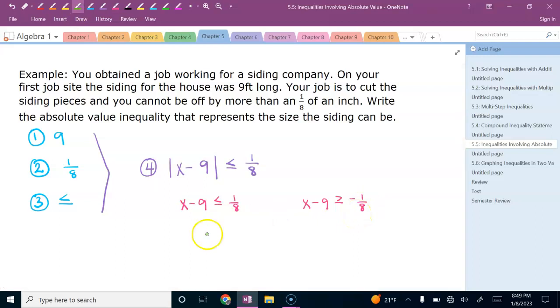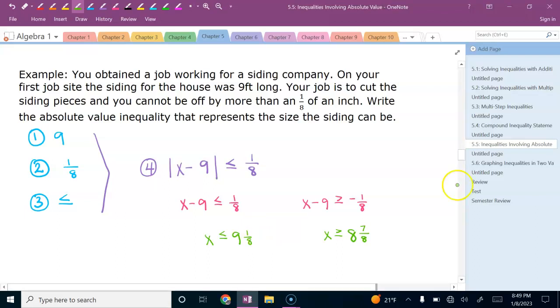When you do that, x has to be less than or equal to 9 1/8, so that's the most it could be. And the second one would be x has to be greater than or equal to 8 7/8. So those would be your range of cuts from the original siding length.